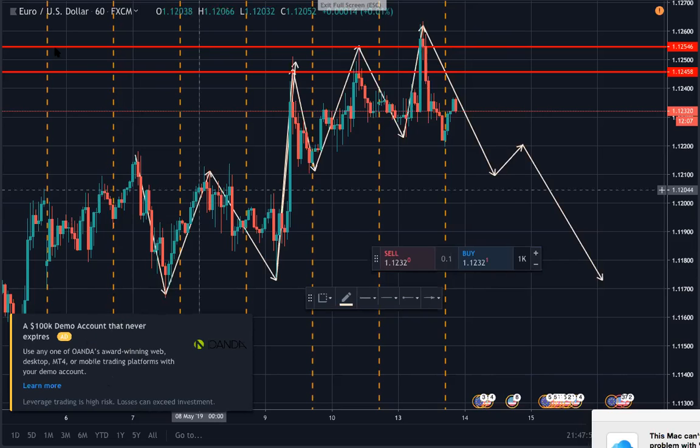So I'm gonna do a trend line. I know I got a lot of lines on here. Let me pick another color. I'm gonna do a yellow line. Should I do a yellow line? Yeah, I should probably do a yellow.